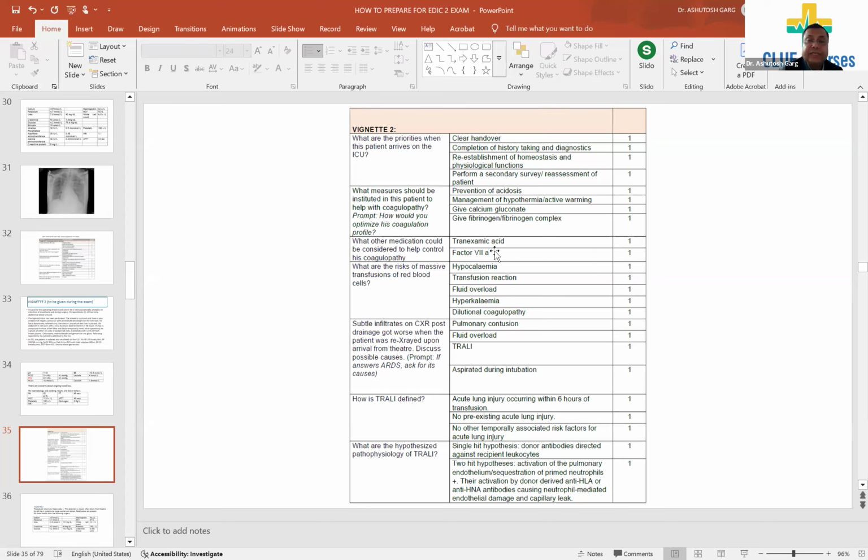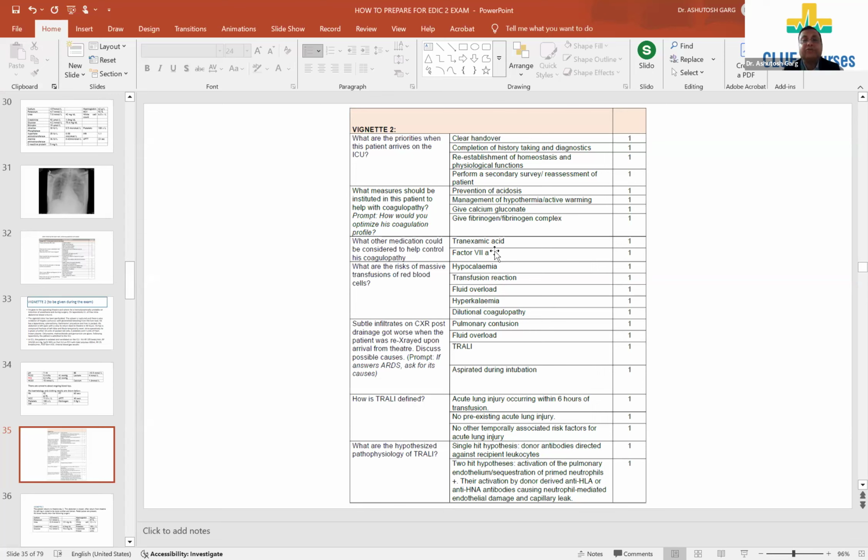What measures should you institute in this patient to help with coagulopathy, because there are high chances of the triad of death. So there may be coagulation abnormalities, there may be acidosis, and there may be some hypothermia. So there is a death triad. They want to see whether you know this death triad or not, whether you take care of hypothermia, whether you take care of the coagulopathy or not.